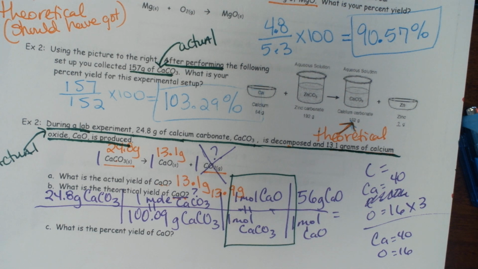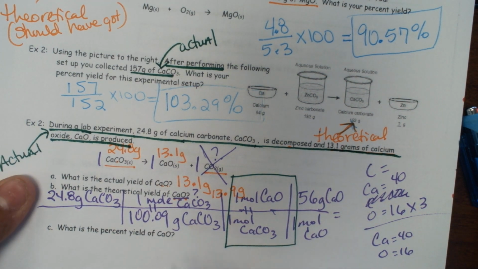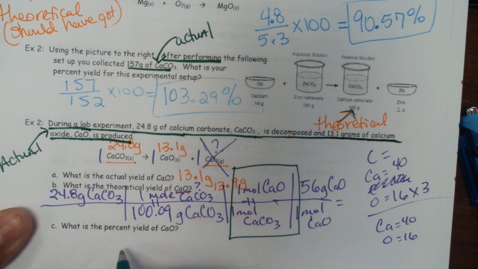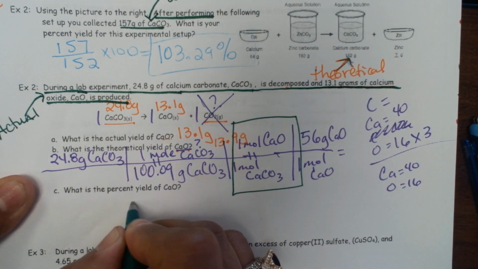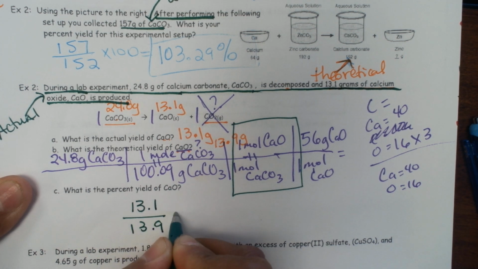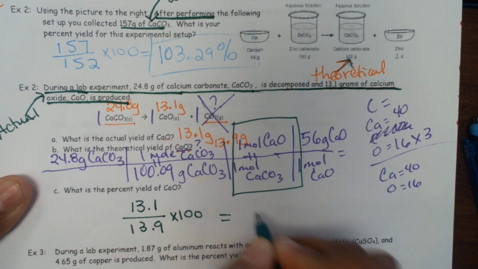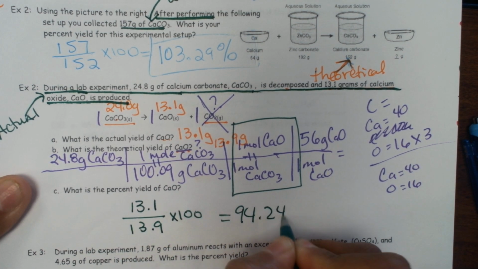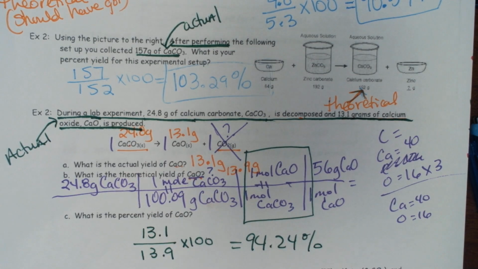Now that I have an actual and a theoretical, I can find the percent yield. My equation says actual over theoretical, so 13.1 over 13.9 times 100 is 94.24%. That's a pretty good number.